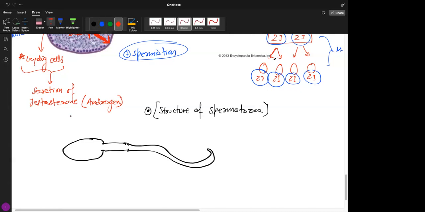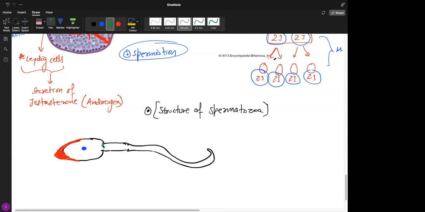Now, the head part is covered with a cap-like structure at the top called acrosome, and inside is the nucleus, because a sperm has the nucleus, and in the nucleus it contains 23 chromosomes.